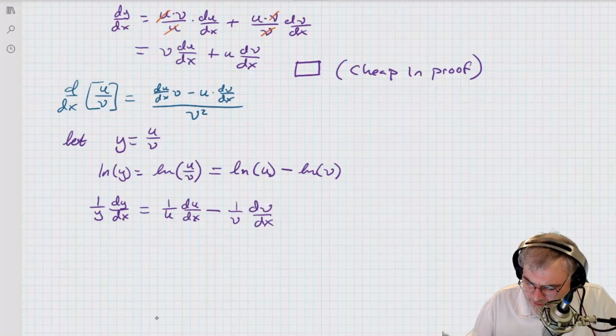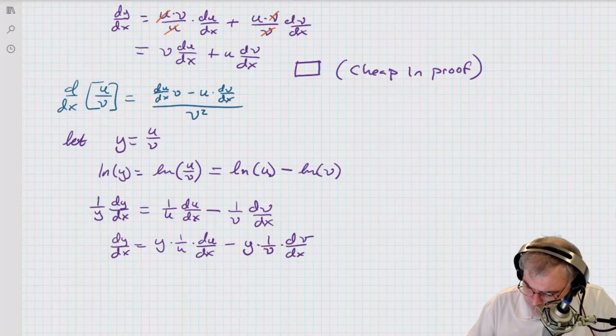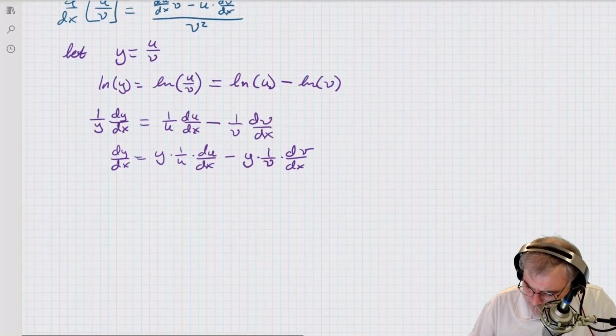Okay. Well, let's just finish it. So I've got dy over dx equals y times 1 over u times du over dx minus y times 1 over v times dv over dx. That should be a v. It looks suspiciously like a u. All right, so what do I do?